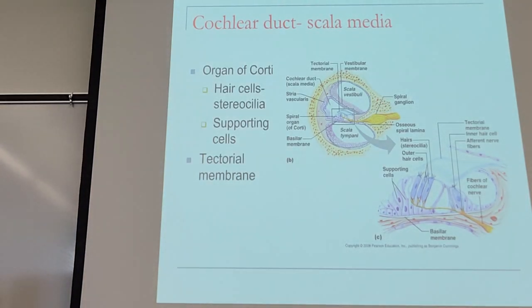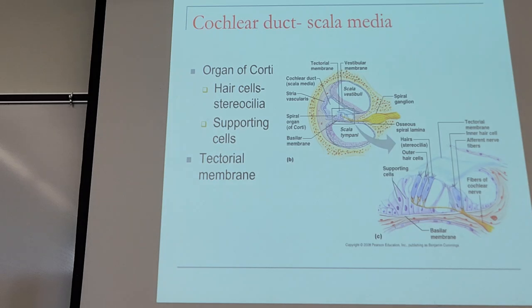And that's ultimately going to terminate where in the brain? Where is your hearing? Auditory cortex. Temporal. In the temporal lobe. So that you get consciousness of what it is you're hearing. Okay?